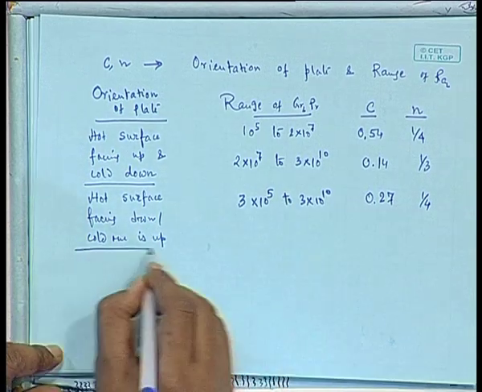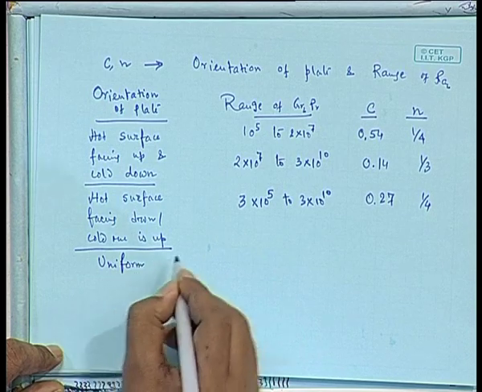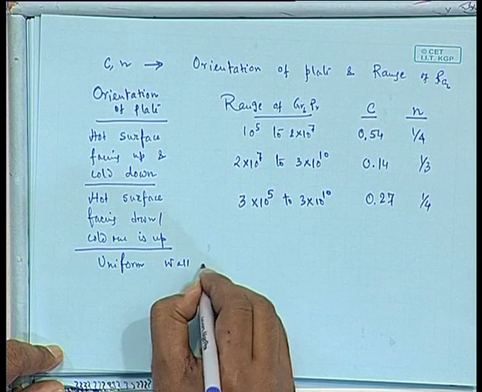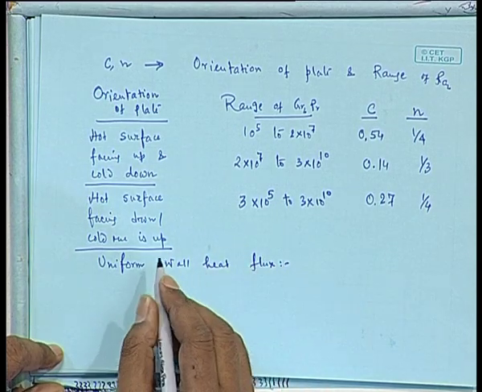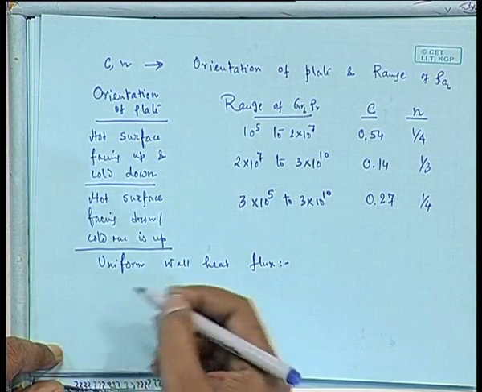Now for the uniform wall heat flux condition, horizontal plate with the heated surface facing up, some other correlations are also available.